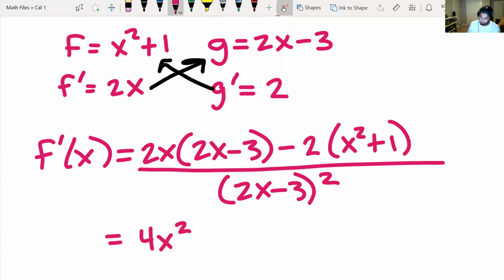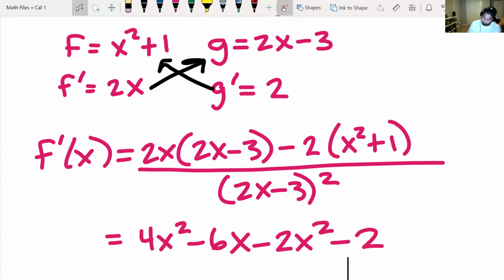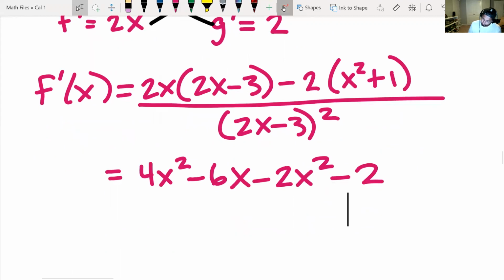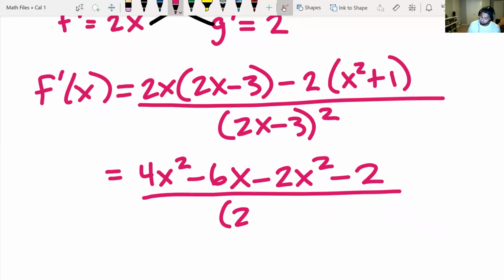Four x squared minus 6x minus 2x squared minus 2, over 2x minus 3 squared.